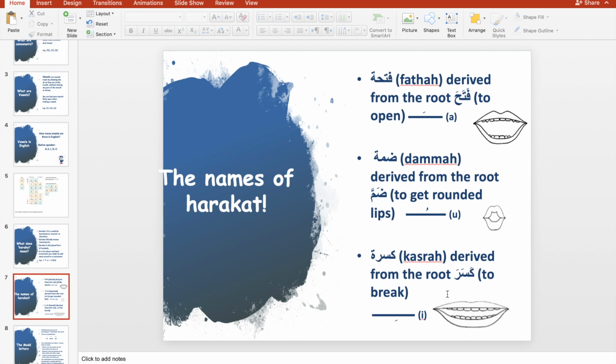Since the lower part of the mouth is in function, kasra, of course, is written below the consonant. You see how logical and systematic the Arabic language is?